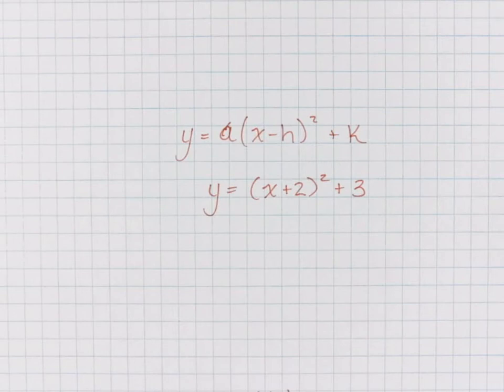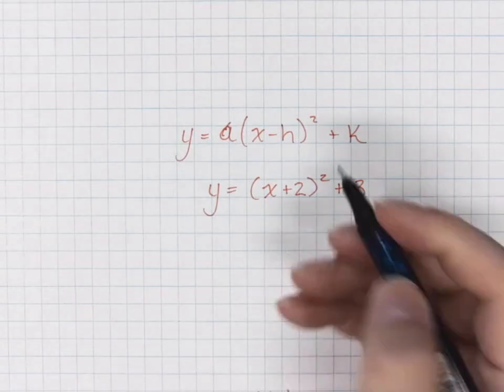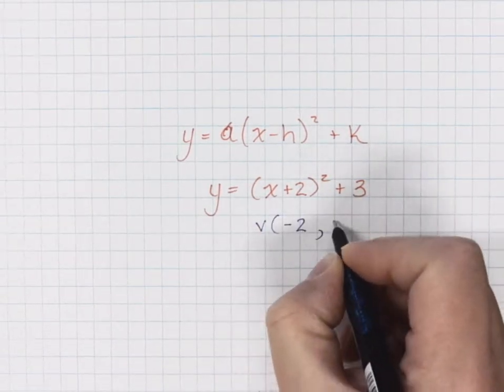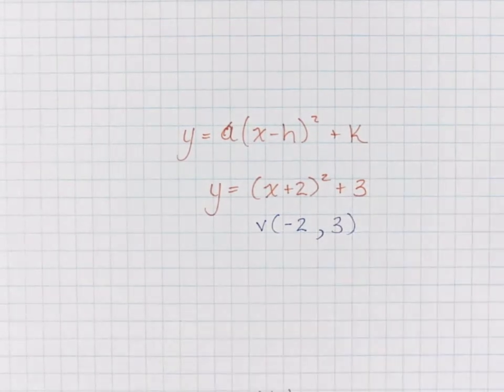Red's really bad to see, I'm sorry. So my vertex is going to be at -2, +3. Do you guys remember this?